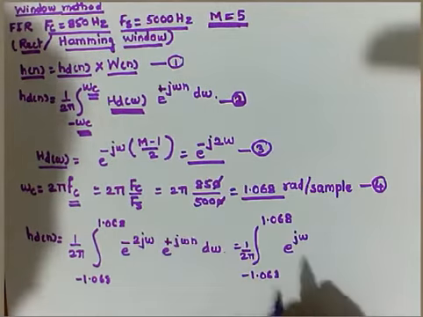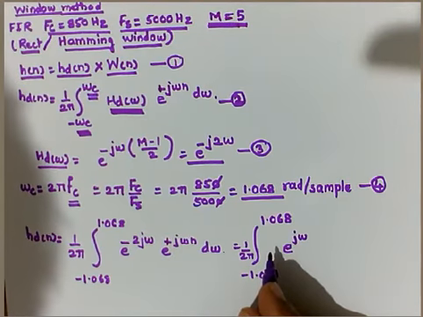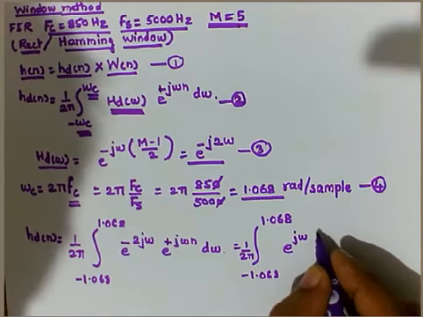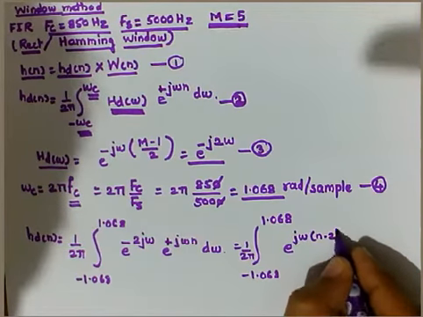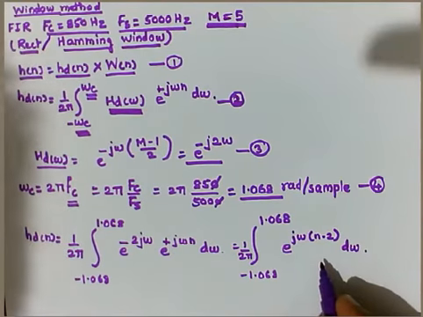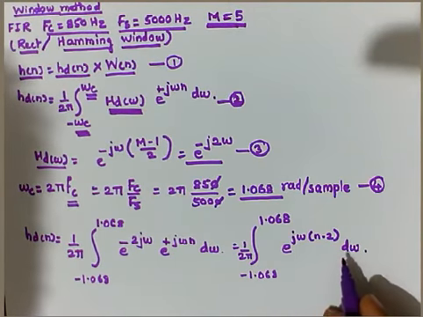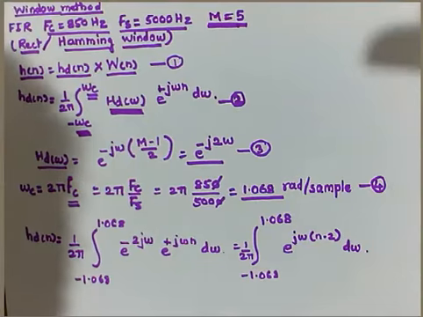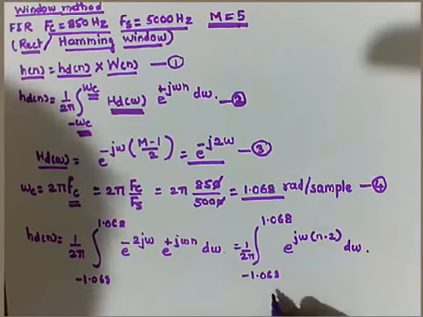By mistake I had written a minus. So it is e raised to j omega into n minus 2, d omega. So what is the integral of e raised to theta with respect to theta? It is nothing but e raised to theta itself. So let's solve this.